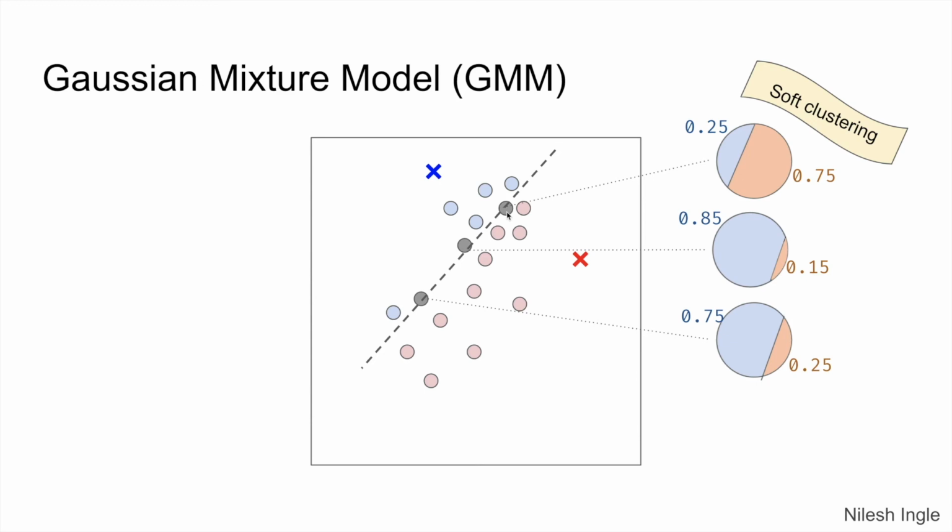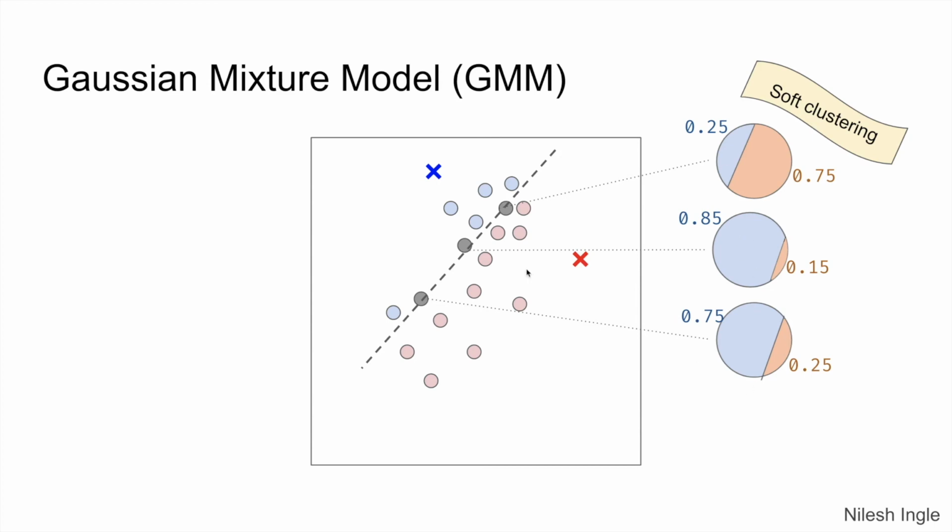So what that is called is hard clustering. There is no middle ground. It's either yes or no. And in the case of Gaussian mixture models, there is something called soft clustering. So here, for example, these three data points shown in gray are enlarged on the right hand side, and we can see that 75% of that data point lies in the red region and 25% lies in the blue region, and so on for the other data points.